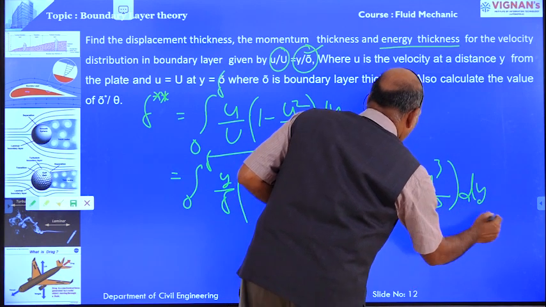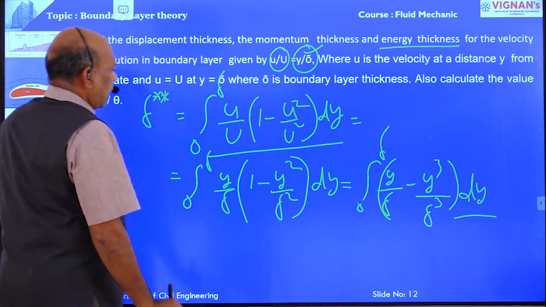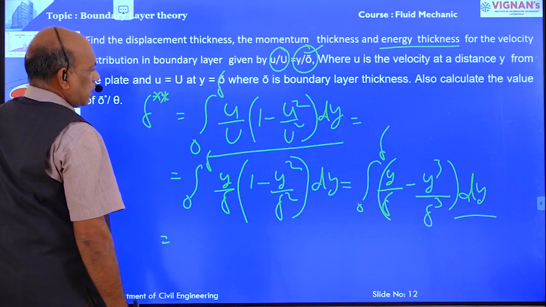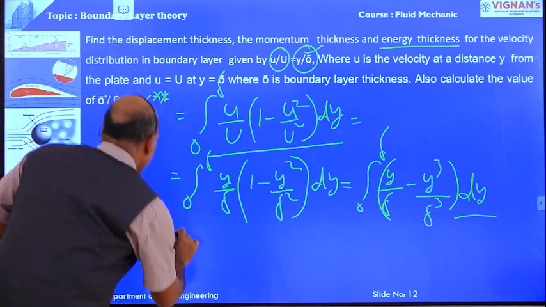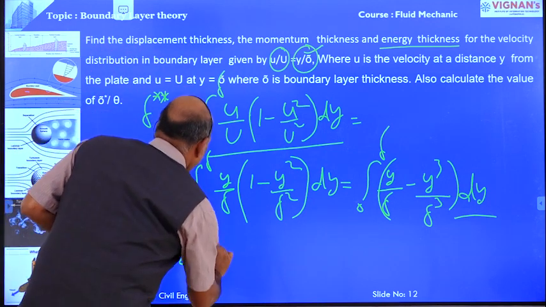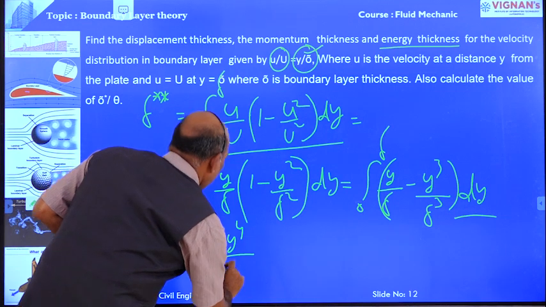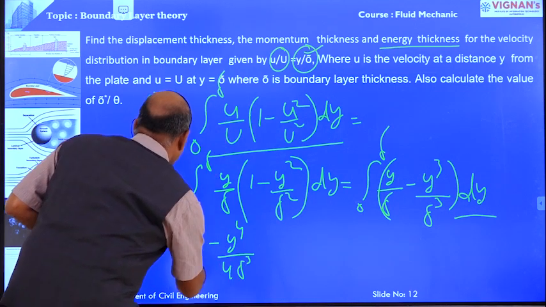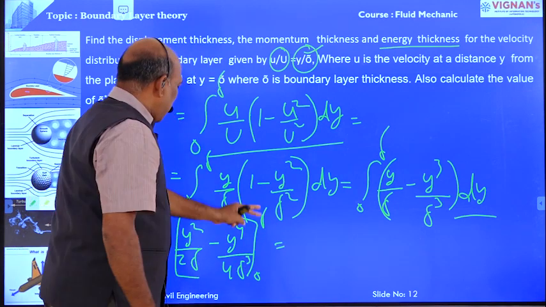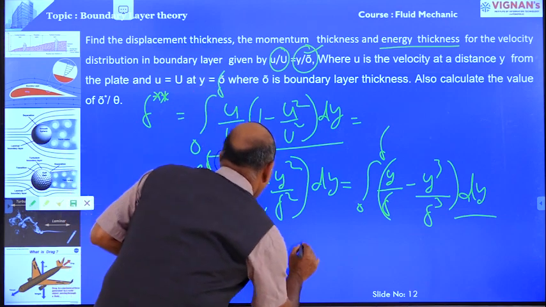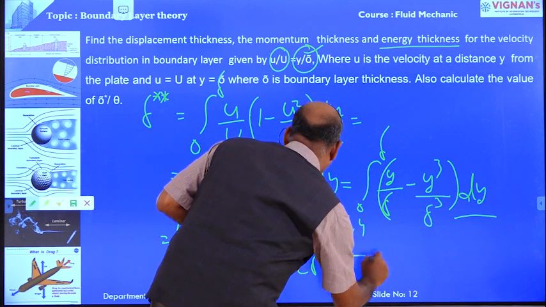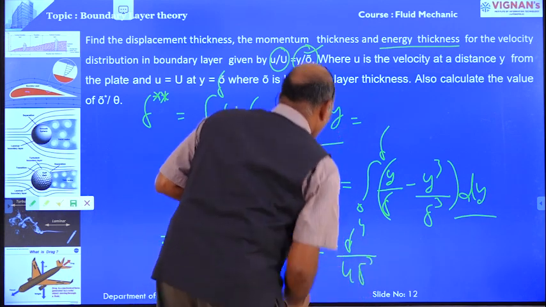Now this is integrated with respect to y, and we apply the limits 0 to delta. This is equal to y square by 2 delta minus y power 4 by 4 delta cube, and also apply the limits 0 to delta. Applying the limits, delta square divided by 2 delta minus delta power 4 divided by 4 delta cube.